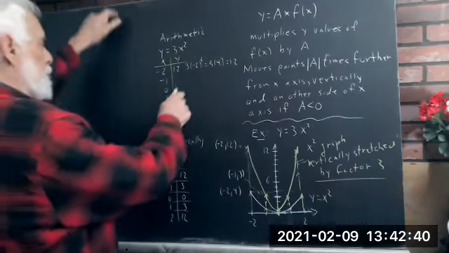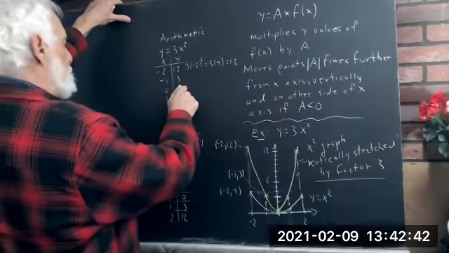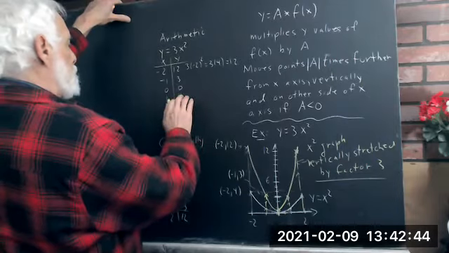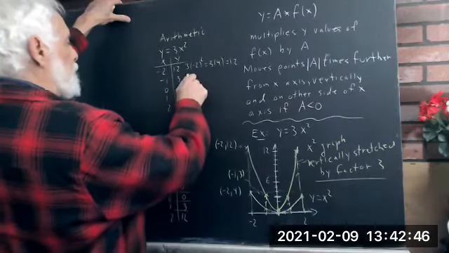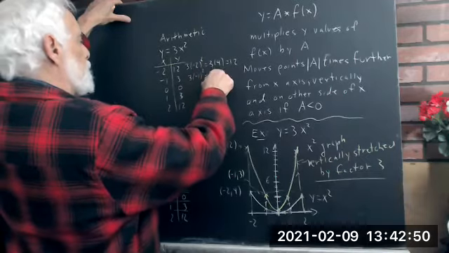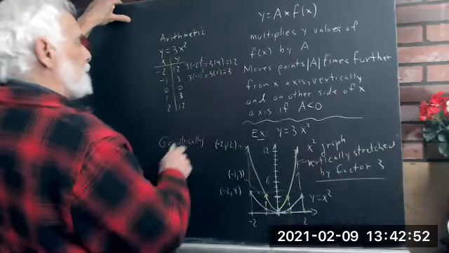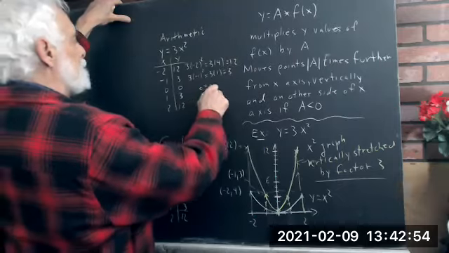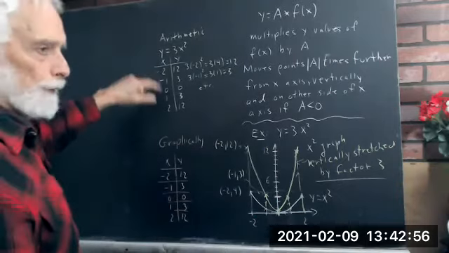And I'm not going to write out the rest, but now, 3 times -1 squared equals 3 times 1 equals 3, etc. And these agree.